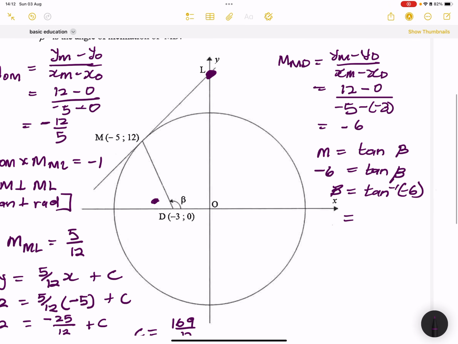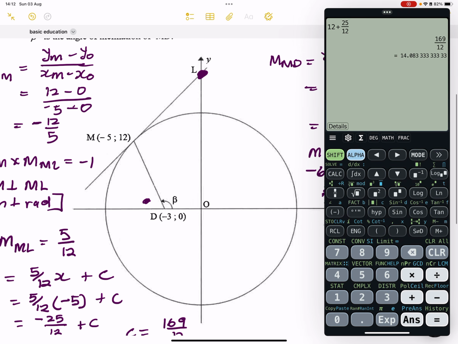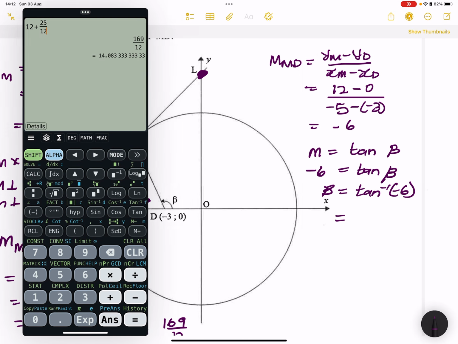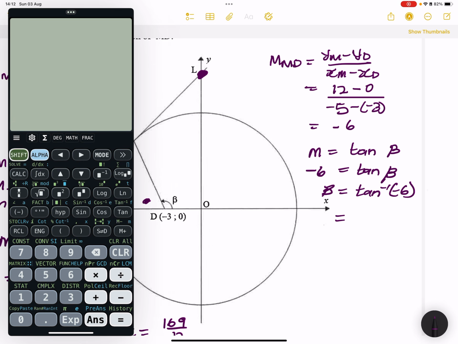let's get that calculator there. So we're saying shift the tangent of -6. And that gives us -80, as I did say, that we are getting this angle on this side. So what we need to do to get the angle, we're going to just add 180 degrees.